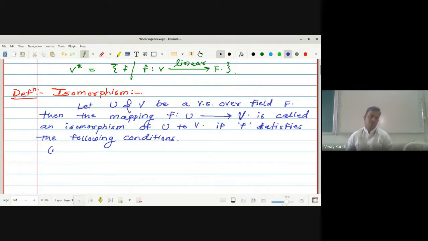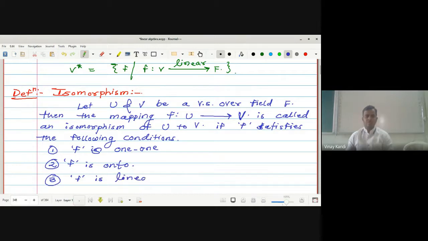The first one, f is 1-1. Second, f is onto, and instead of homomorphism, we can write f is a linear transformation. Okay, दोन्ही कंडिशन सेमच आहे. होमोमॉर्फिझम म्हणजेच linear transformation.